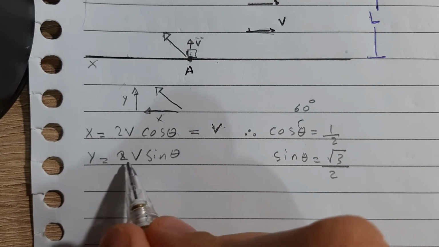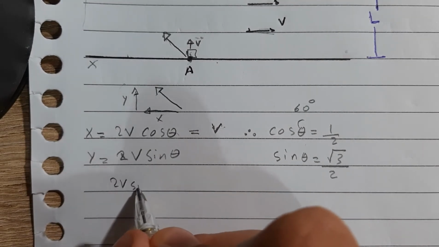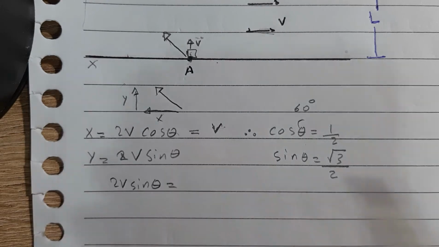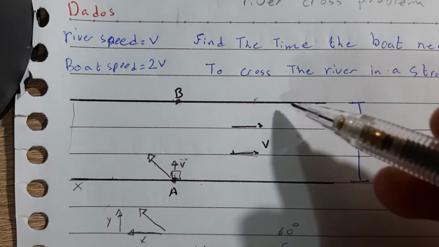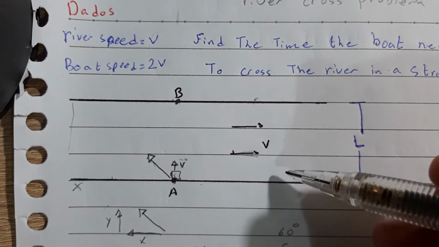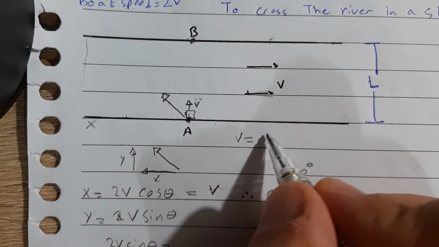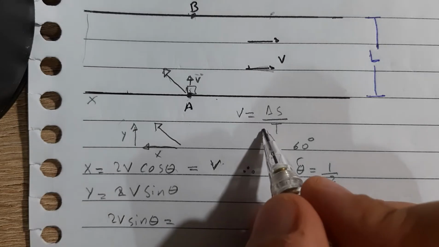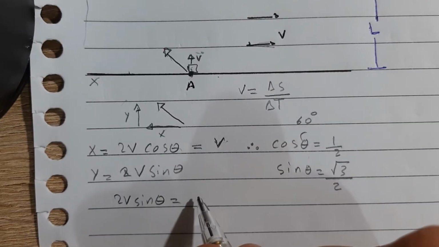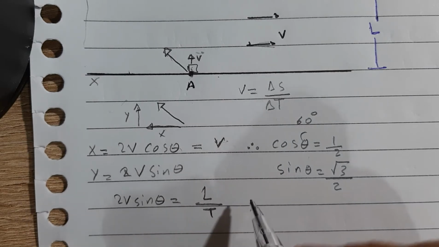So now we just need to solve over here. 2v sine of theta will need to be equal to the length of the river that he needs to cross divided by the time, right? Remember, velocity is the space divided by the time. So L divided by the time, and remember the question wants you to find the time.